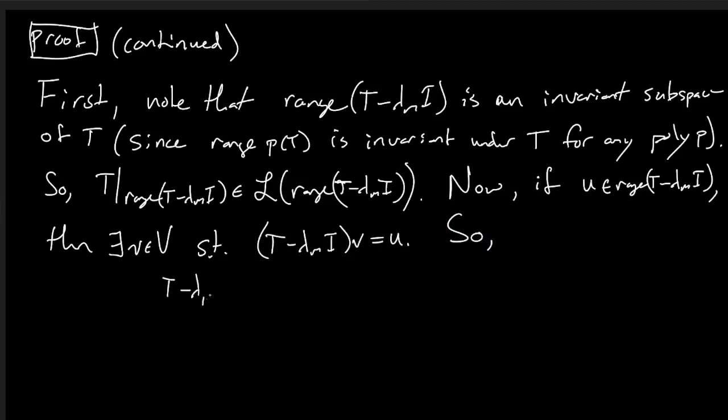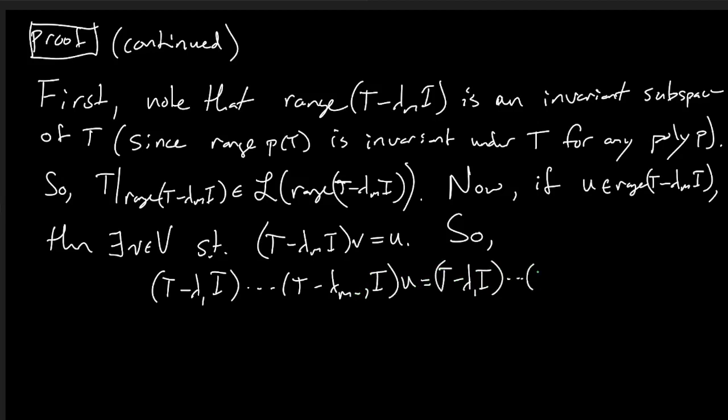(T minus lambda_1 I) product all the way down through (T minus lambda_{m-1} I) applied to u is equal to (T minus lambda_1 I) product all the way down through (T minus lambda_{m-1} I)(T minus lambda_m I)v. But wait a second, this is the minimal polynomial of T, evaluated at T. That's just 0.